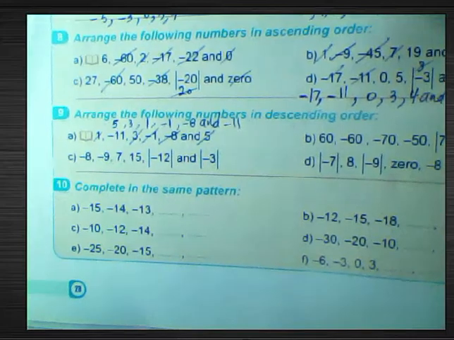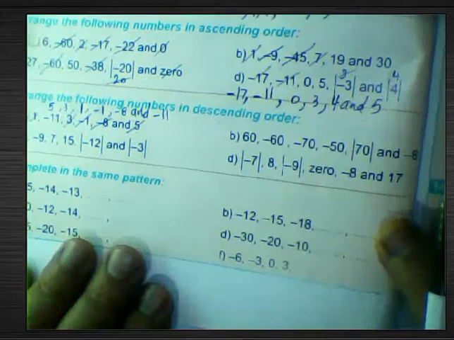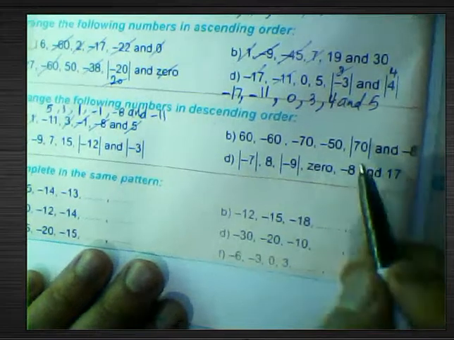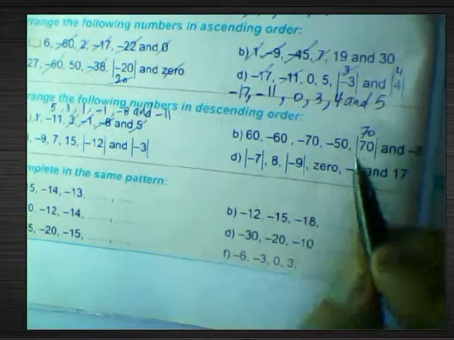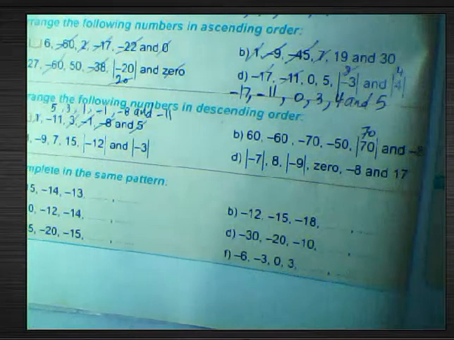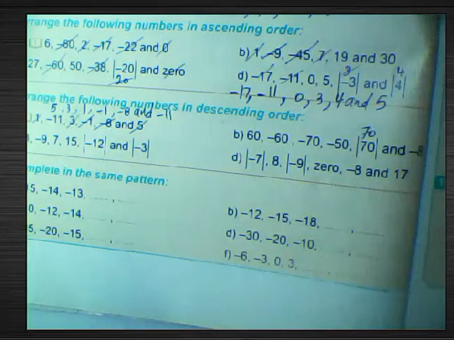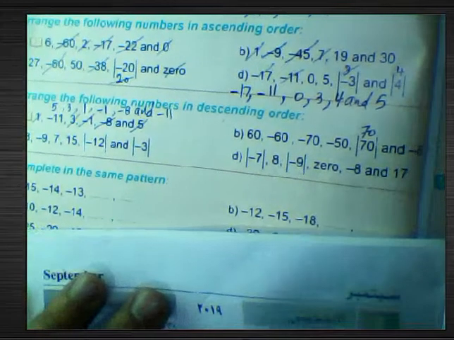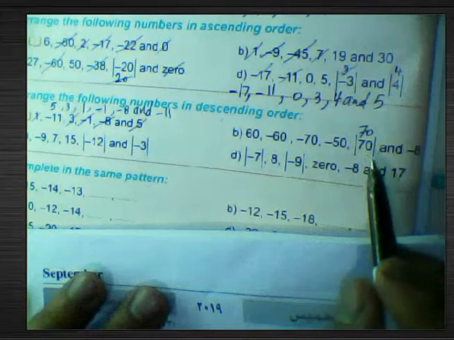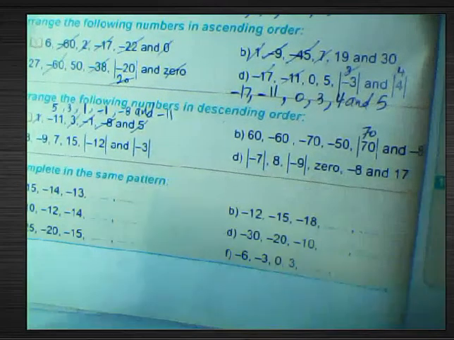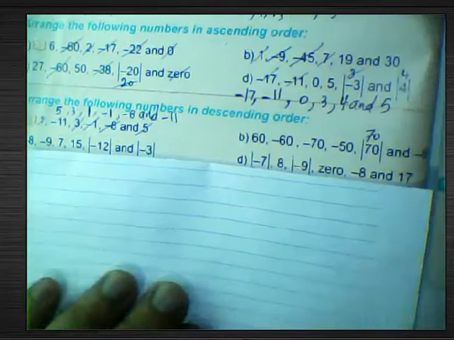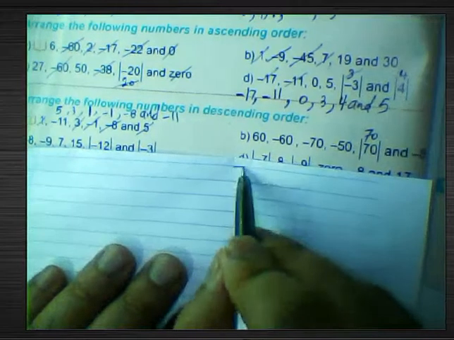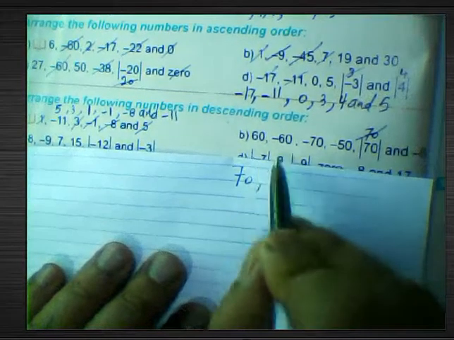Question B. First, the absolute value of 70 equals 70. And we can write the order descending from greatest to smallest. We have 70, and 60.